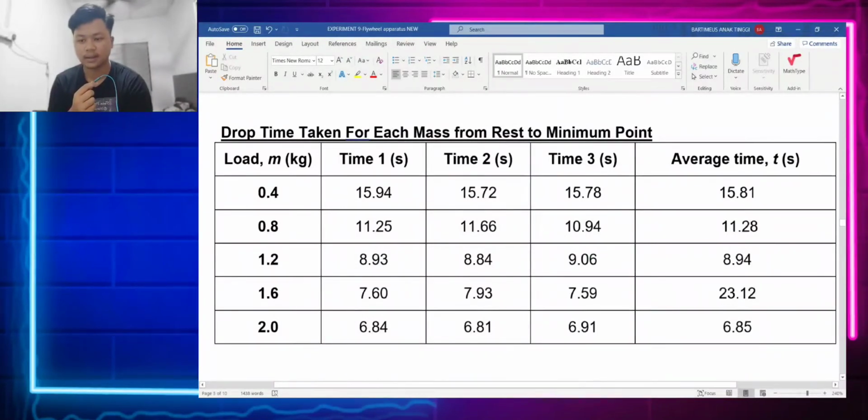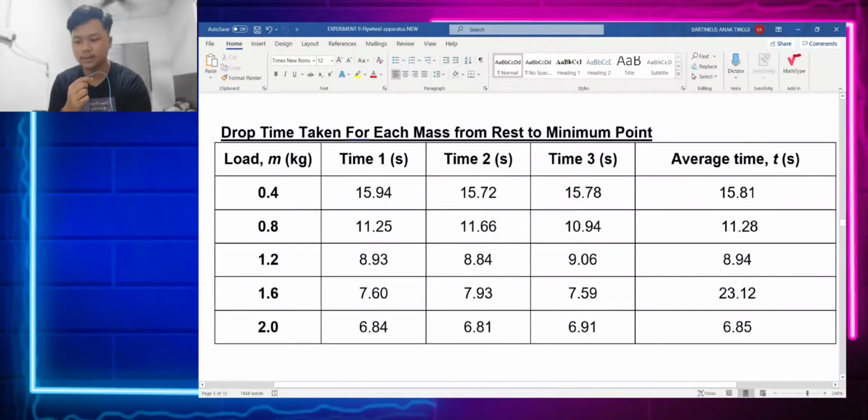So for the load 0.4, I add 15.94, 15.72 and 15.78, and divide by 3, and I get the answer 15.81. So these are all the values that I get, as you can see.